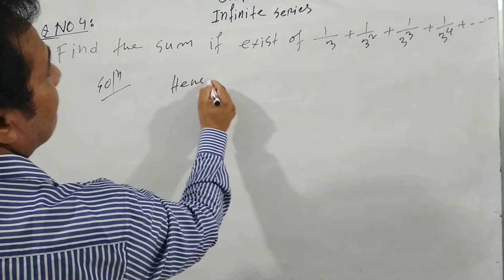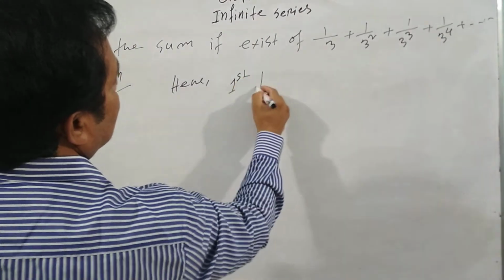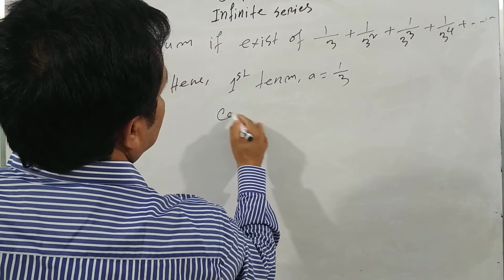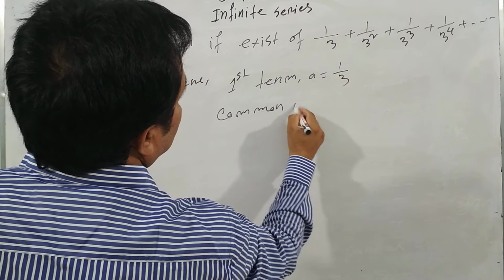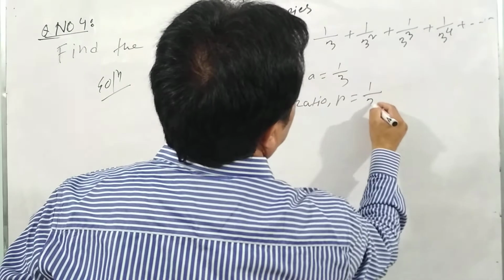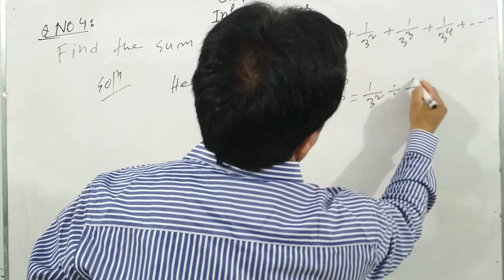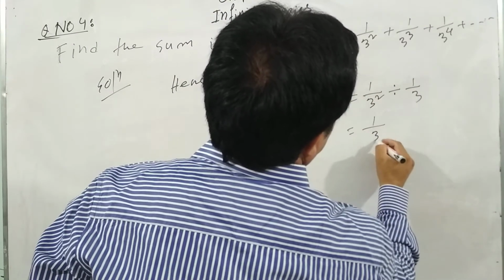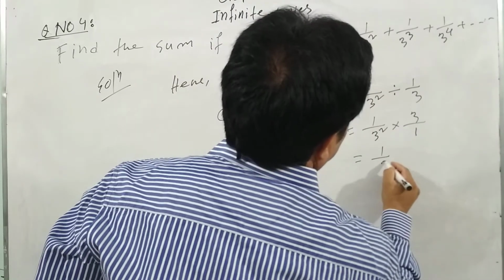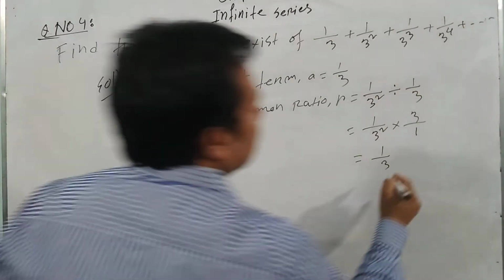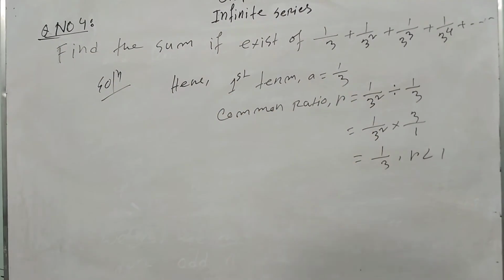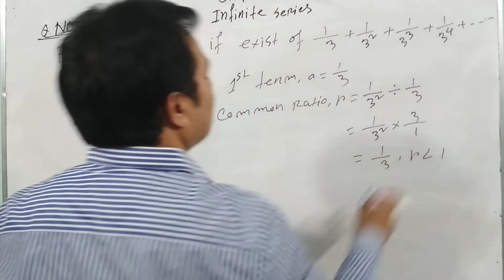Here the first term a equals 1 by 3. Here the common ratio r equals 1 by 3 squared divided by 1 by 3, which is also 1 by 3. Here r is less than 1.